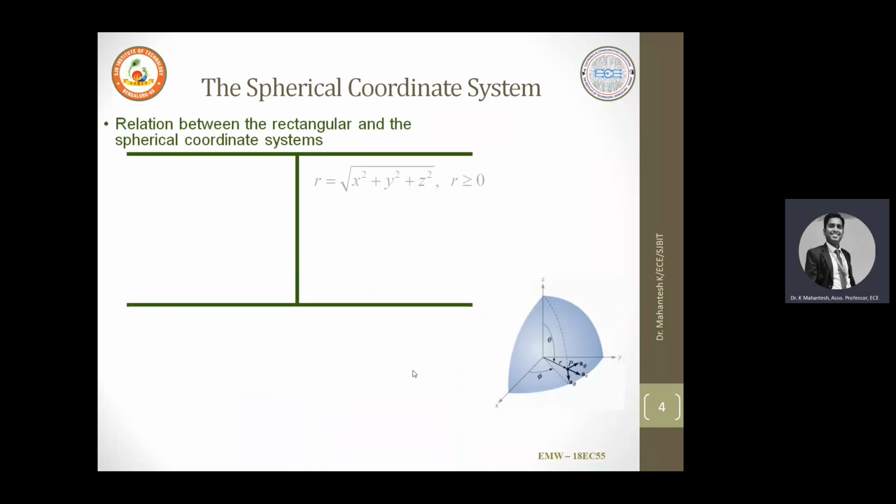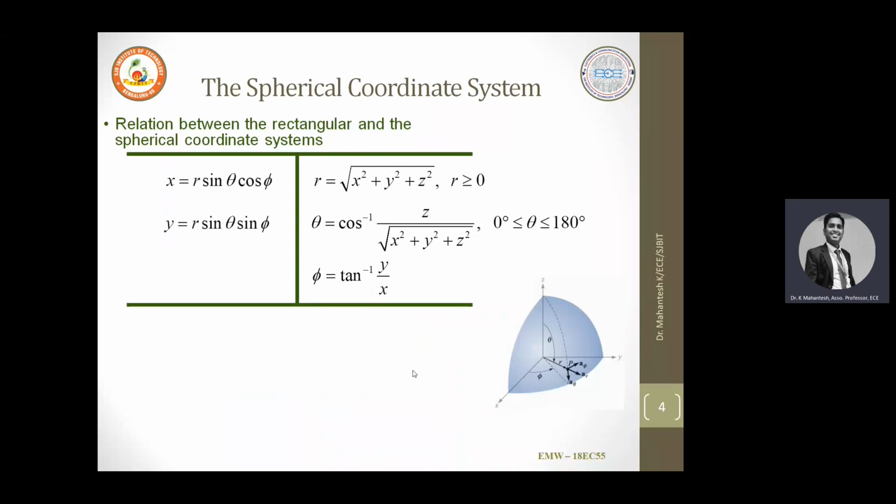Relation between the rectangular and spherical coordinate systems: r can be calculated as the magnitude of x, y, z. Theta is cos inverse of z by the magnitude of x, y, z, and varies from 0 to 180 degrees. Phi is tan inverse of y by x, and phi varies from 0 to 2 pi, that is 360 degrees.